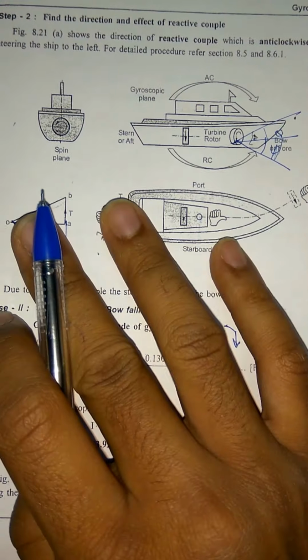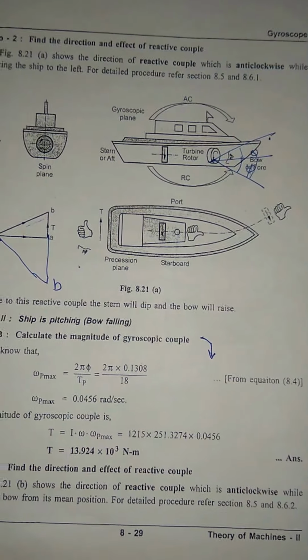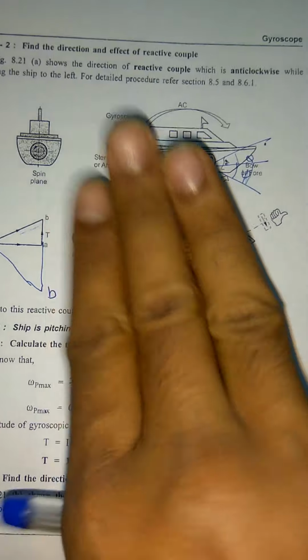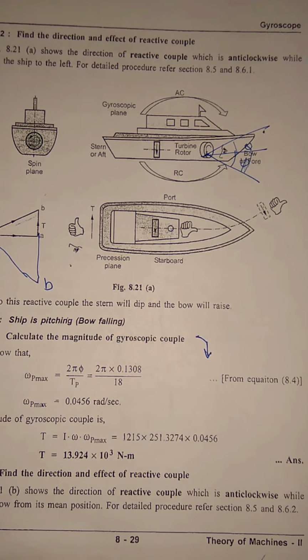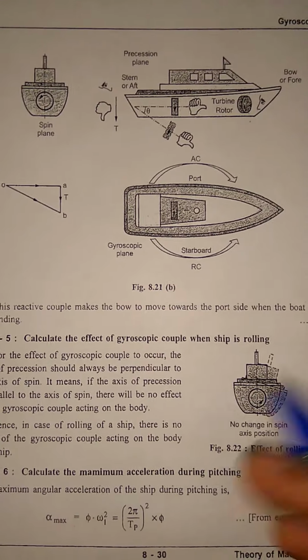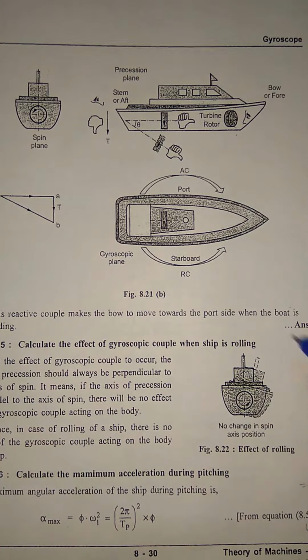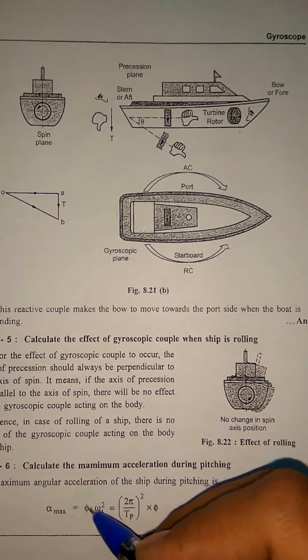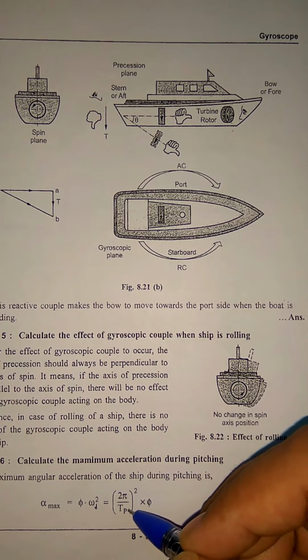And it has a third case, that is when the ship is rolling. Now you don't see any gyroscopic couple, or it does not have any effect on the ship when it is rolling, that is going like this. So you can only find out maximum angular acceleration. Let's see how to find out. So this is the third case, when the ship is rolling, the rotor is rotating in the anti-clockwise direction. Alpha max is phi into omega 1 square. Now omega 1 is 2 pi upon tp.